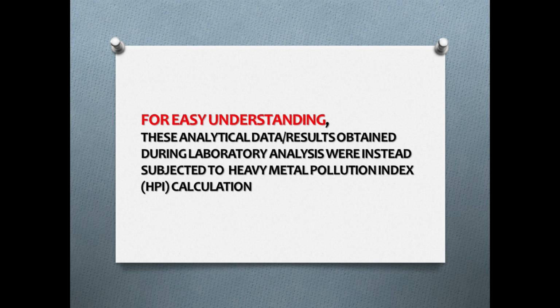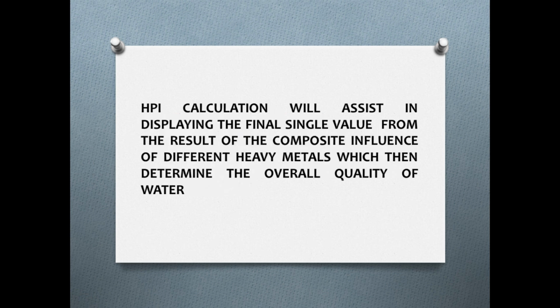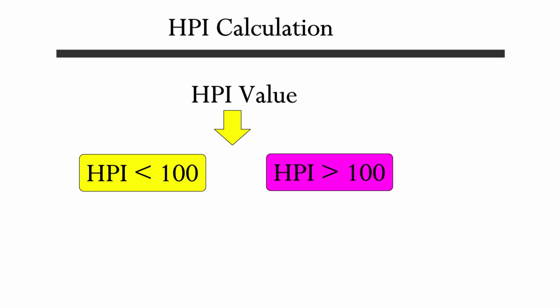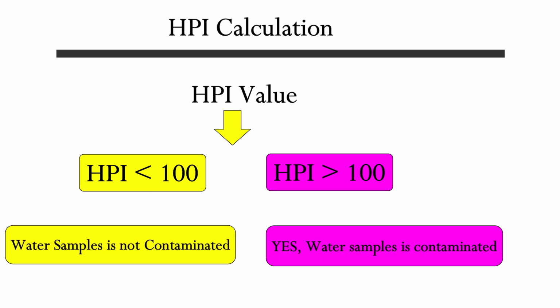Therefore, to further simplify these data and interpret the results easily, the data obtained during laboratory analysis were subjected to HPI calculation, and the output will give us a single value, either less than 100 or above 100, which will reflect whether the samples are contaminated with heavy metals or not.